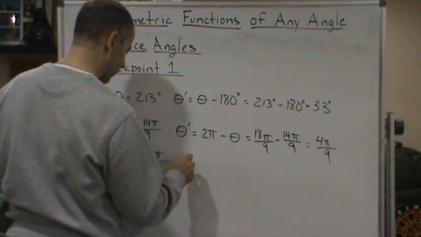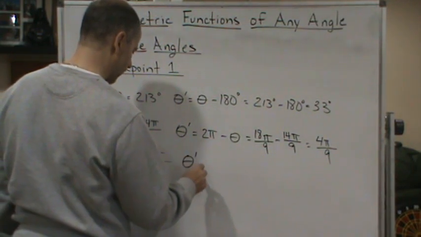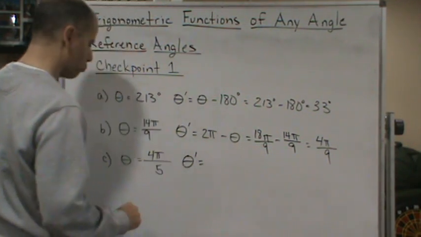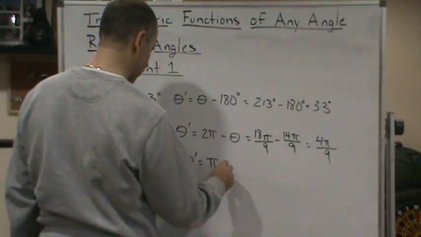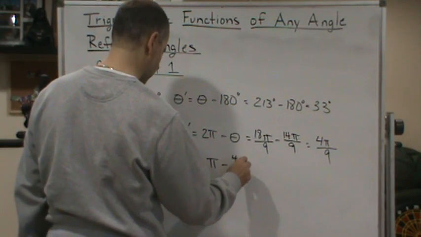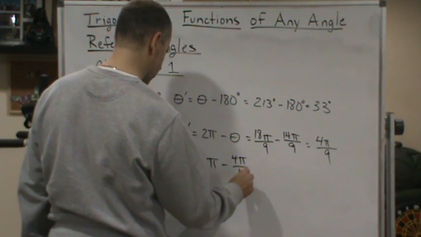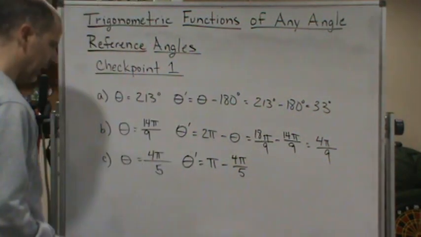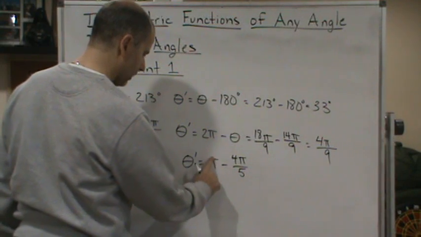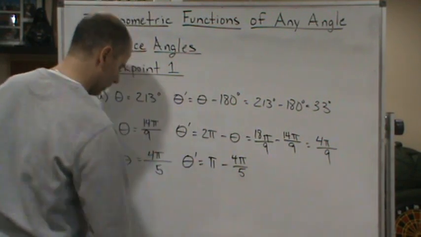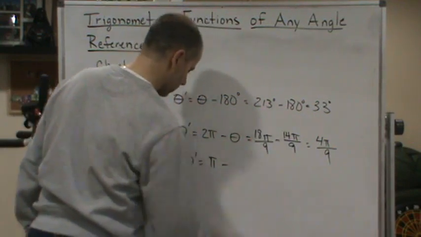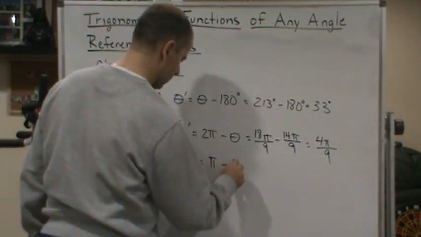Okay, so now we're going to use theta prime is equal to pi minus 4 pi over 5. Let me stick with my formulas.